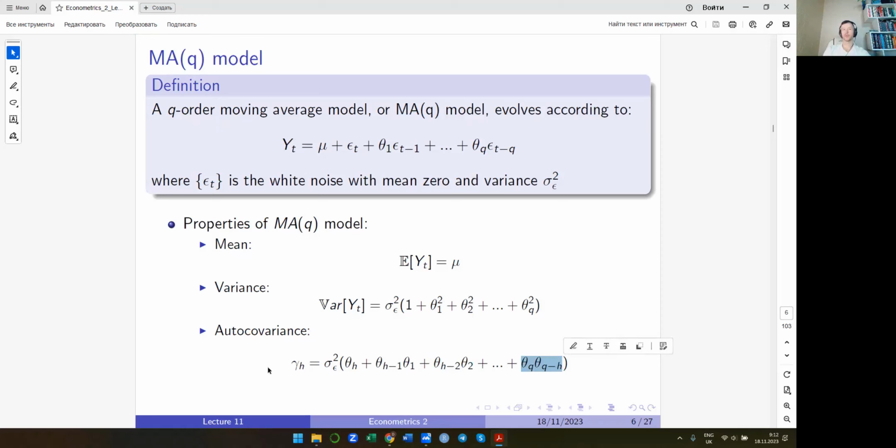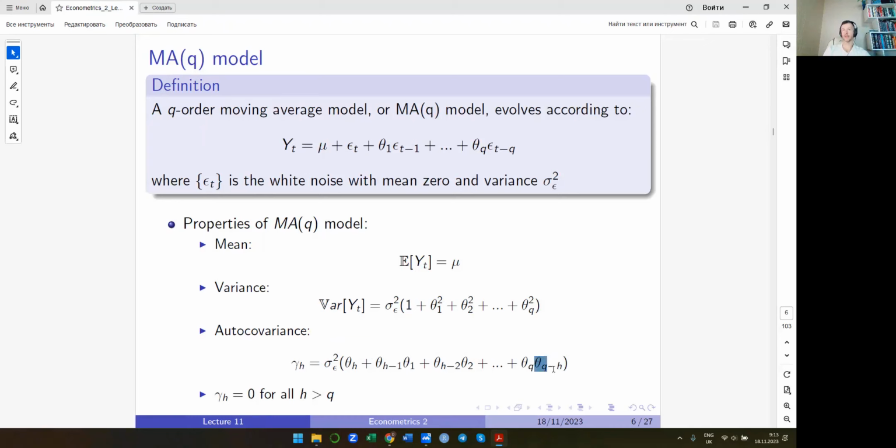So what is the most important thing? That autocovariance has a finite number of lags. So autocovariance is going to be positive or negative, but non-zero when h is smaller than q, because of this. And autocovariance is going to be zero when h is greater than q.